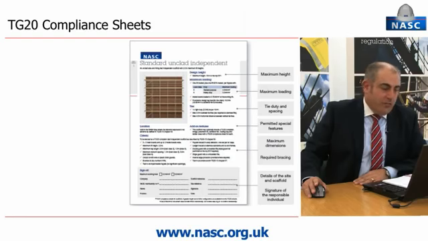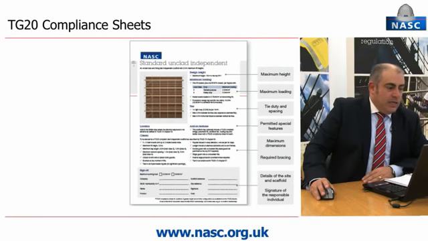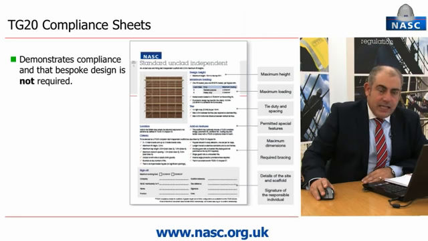Featured in Chapter 3 of the Operational Guide are compliance sheets. The NASC envisages that TG20 compliance sheets will become an integral part of all scaffolding operations in the future. They demonstrate compliance and that bespoke design is not required.